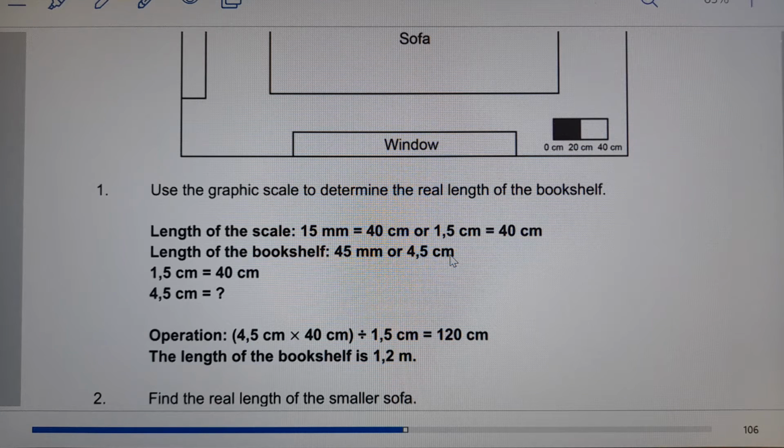Now I want to get the real distance. So the real distance is going to be the map distance multiplied by the map scale, and I divide by this scale. If it is not 1, I will divide by that.